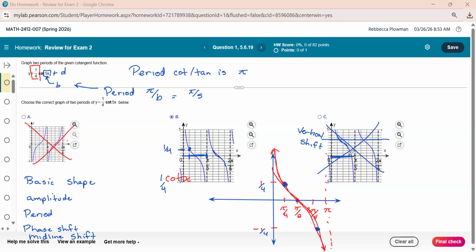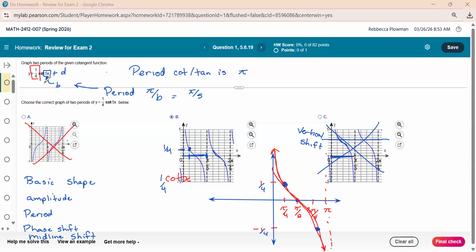So sometimes that's not always going to help you determine which is the one we want to pick. What I'm doing here is looking for some basic things, because you could graph this in your calculator, but unless you know what points you're looking for, it's going to be really hard to pick the right graph. So we know that we got a cotangent, so it should be this decreasing curve. We also know that between 0 and pi would be 1 period of it.